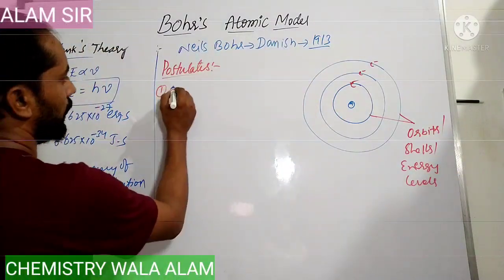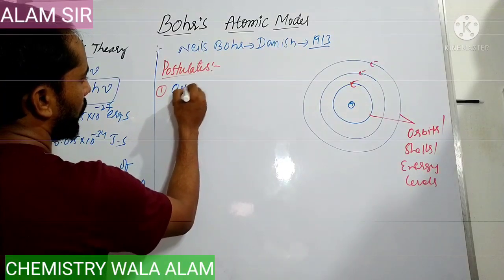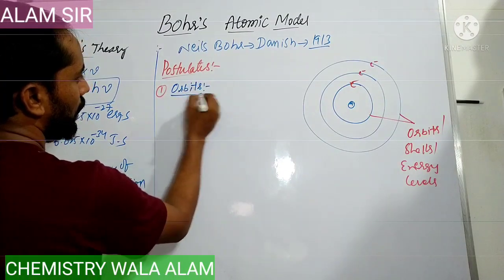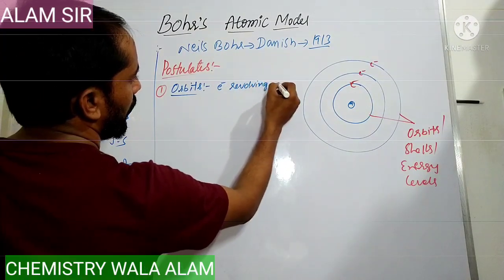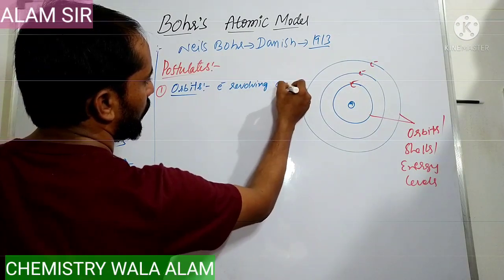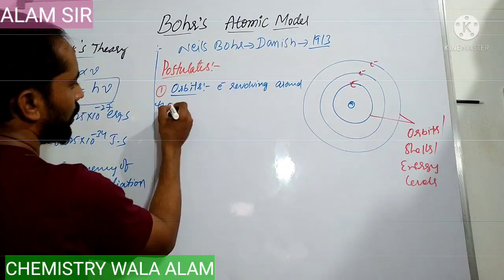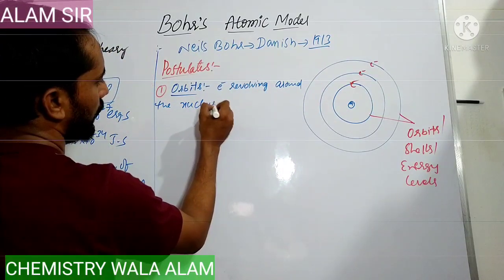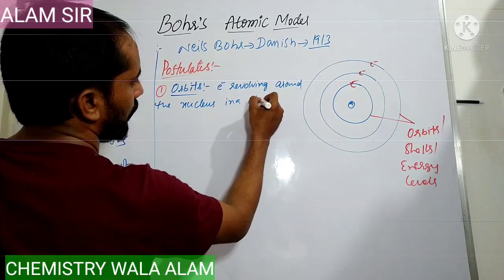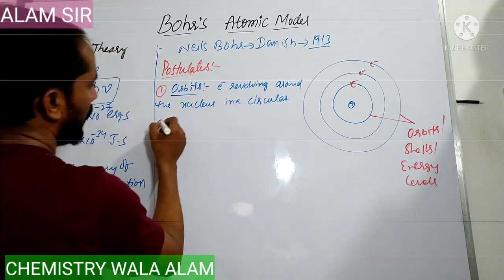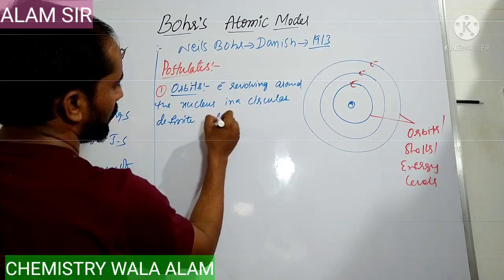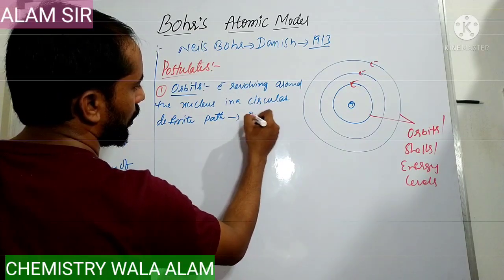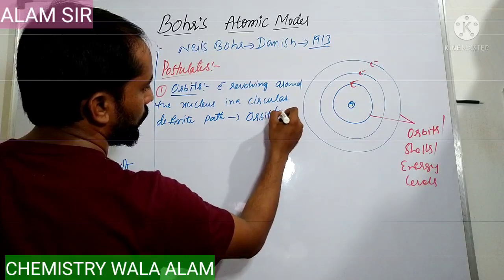So the first postulate is about the orbits: electrons revolve around the nucleus in definite circular paths. These paths are called orbits or shells.